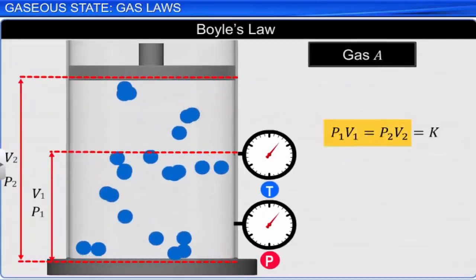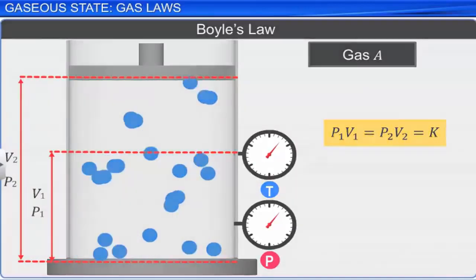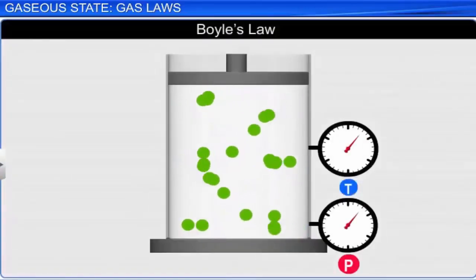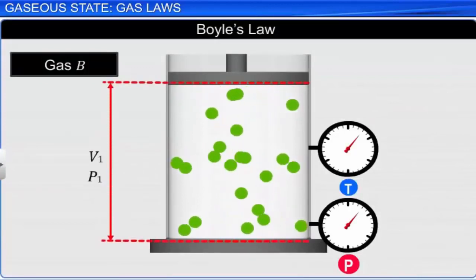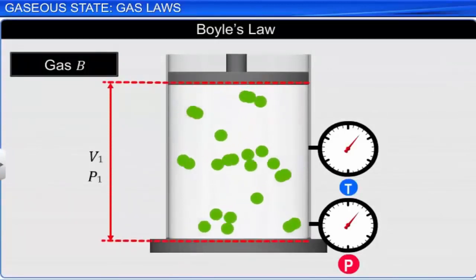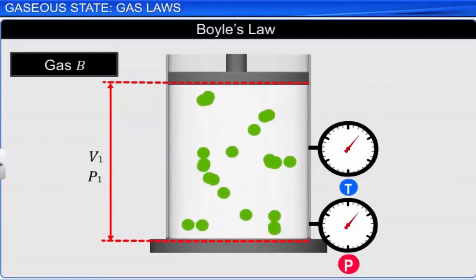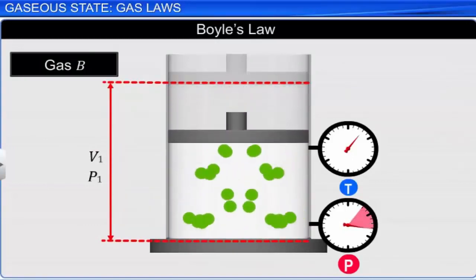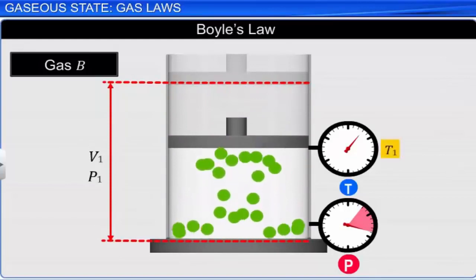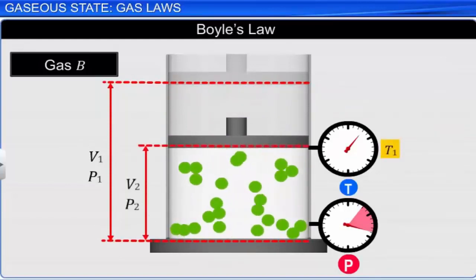Now consider n moles of gas B at pressure P1 and volume V1. Let us now slowly increase the pressure, keeping the temperature constant at T1. We observe that volume of gas decreases as the pressure increases.